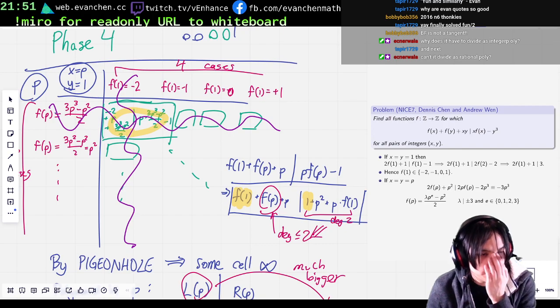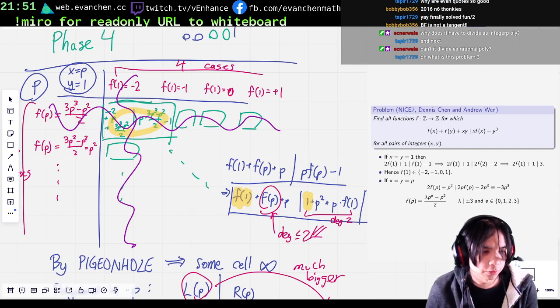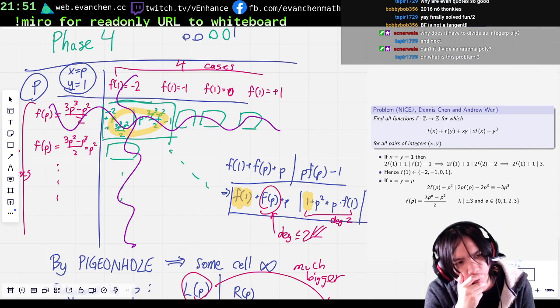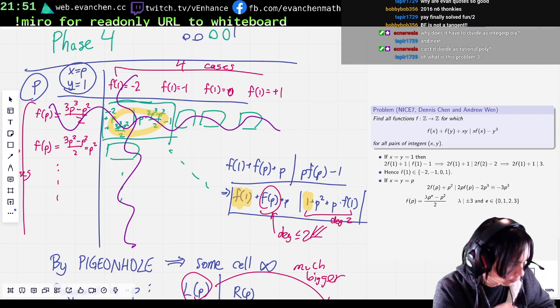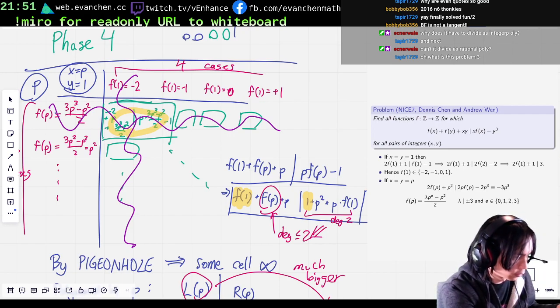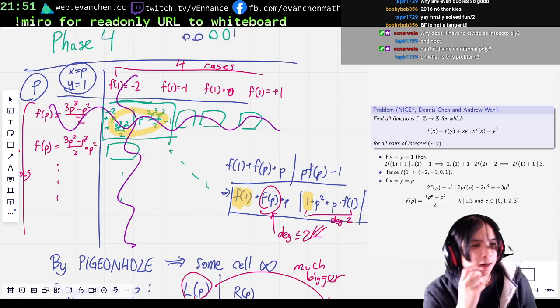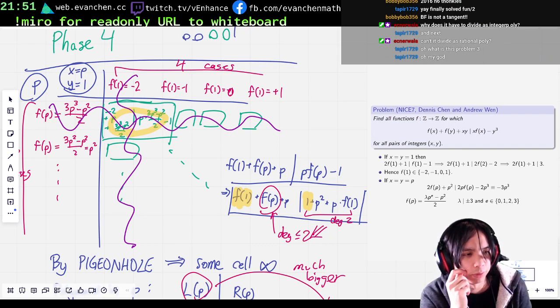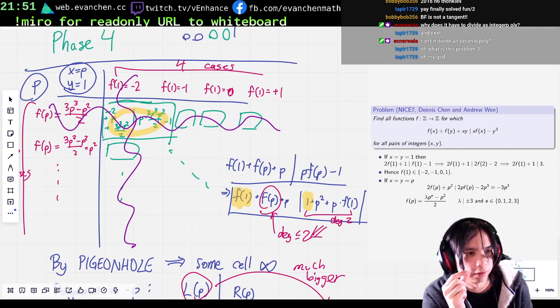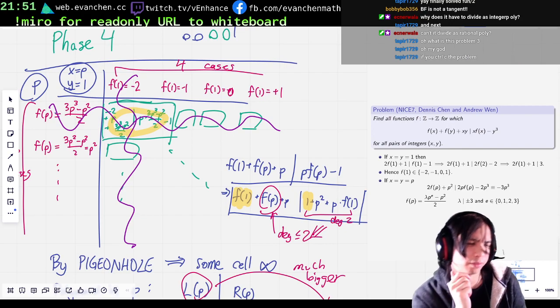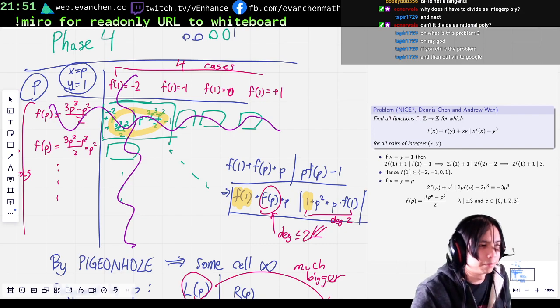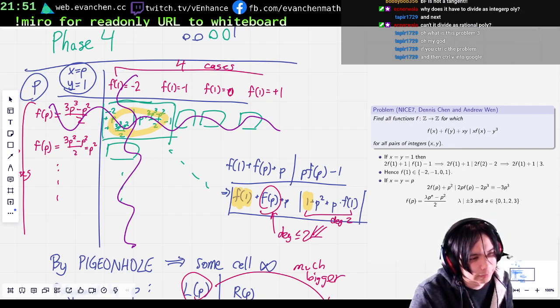Why does it have to divide as, it could divide as a rational, is that something I have to worry about? I see, if it divides as a rational polynomial, it could still have integer quotient. Is that true? That feels really weird actually to me. Yeah, you're right. You are correct.